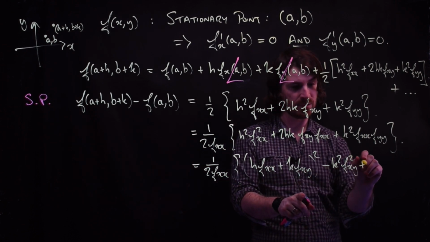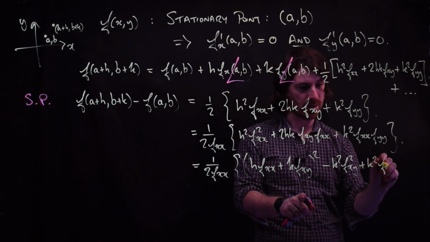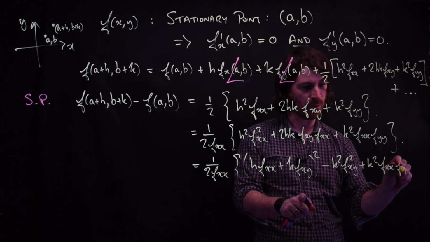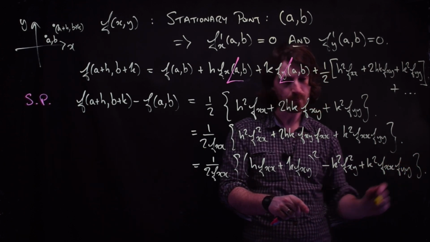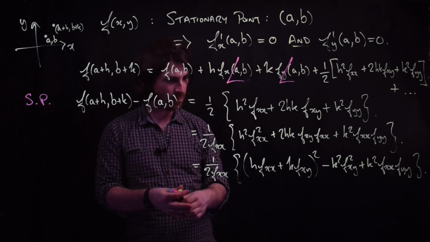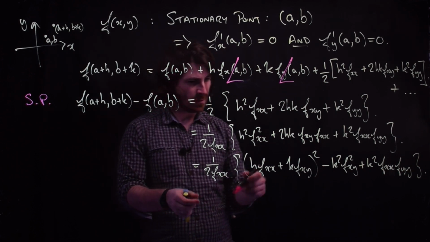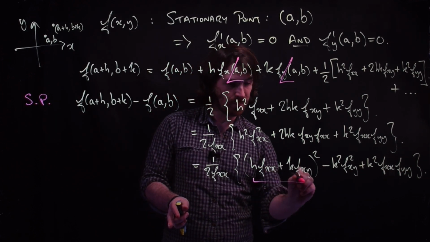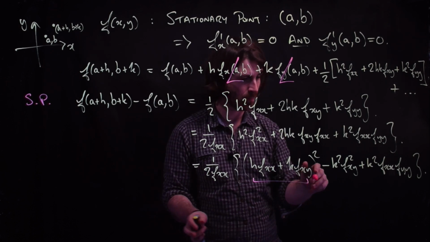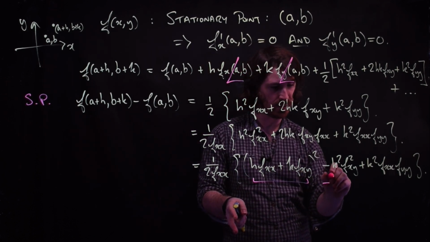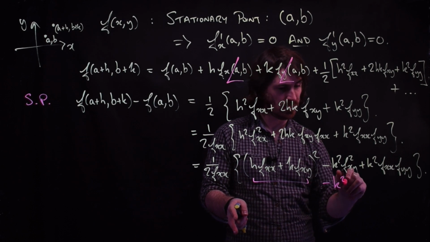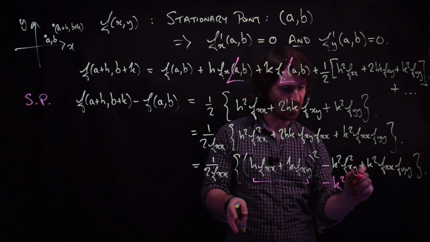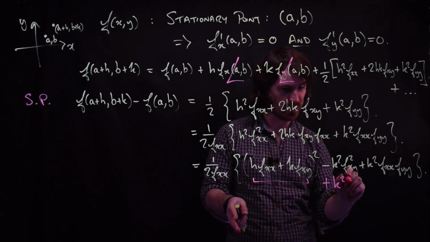And then we've got plus k squared f_xx f_yy. So this is something squared, minus k squared, and let's call this thing plus k squared delta.